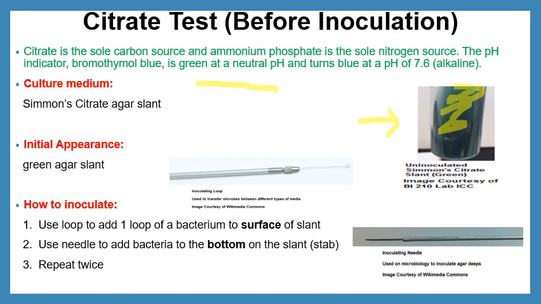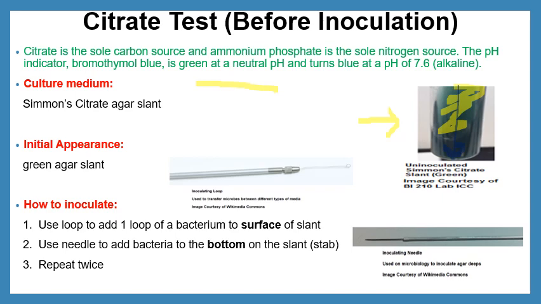Then we would get more bacteria aseptically, and we would stab all the way to the bottom, the butt of the slant, similar to what we did in the triple sugar iron. We would go all the way to the bottom, and we would repeat this process twice, one using the loop and one using a needle.